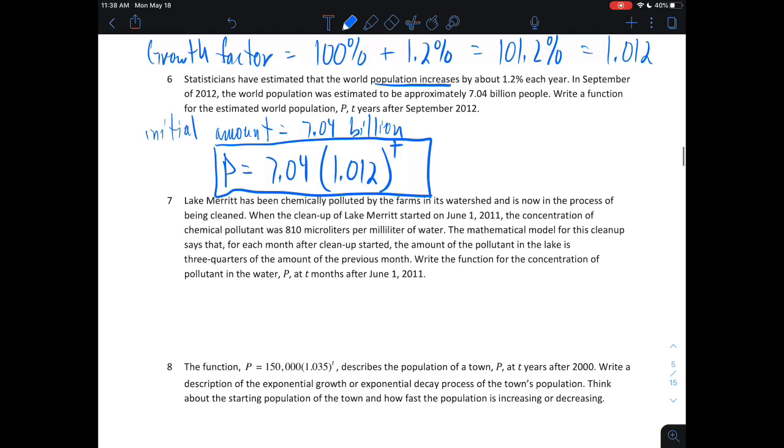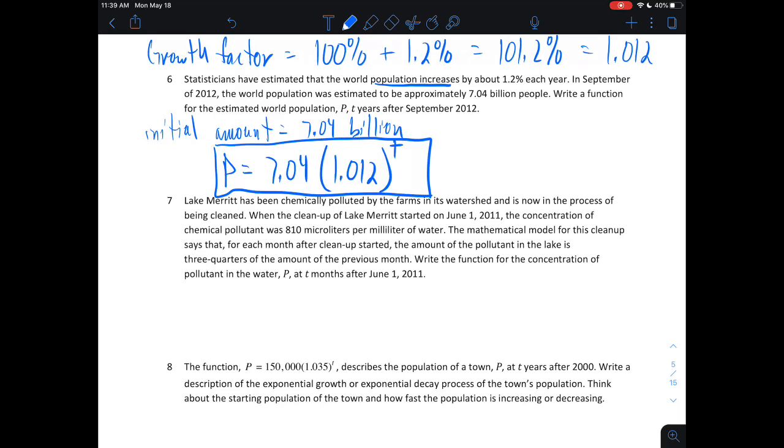Number 7. Lake Merritt has been chemically polluted by the farms in its watershed and is now in the process of being cleaned. When the cleanup of Lake Merritt started on June 1st, 2011, the concentration of chemical pollutant was 810 microliters per milliliter of water.